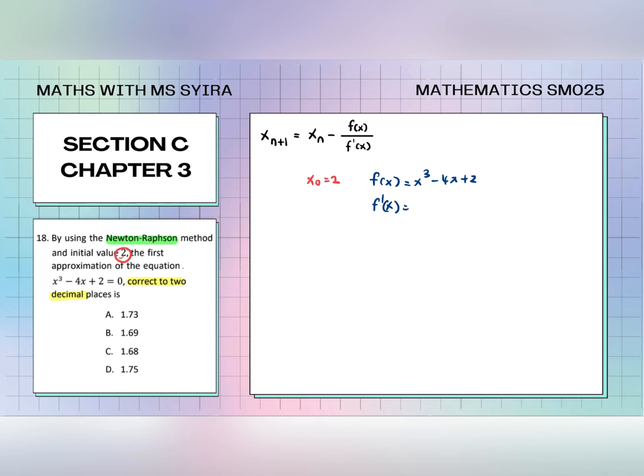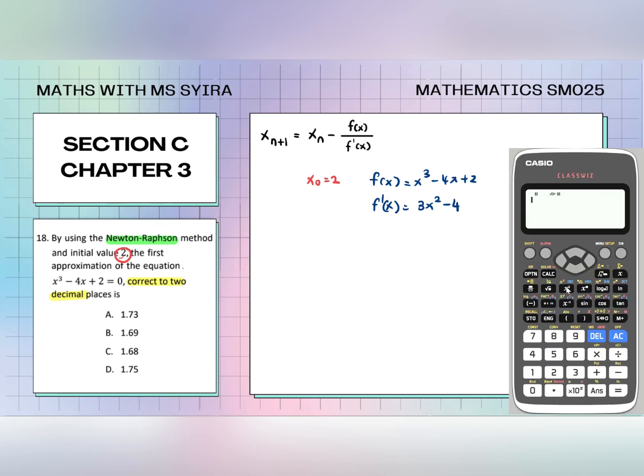Kita perlukan dia untuk masukkan dalam calculator. Okay, now I'm going to show you. Dalam calculator siap-siap masukkan ini. X tolak x cube minus 4x plus 2 over 3x squared minus 4.